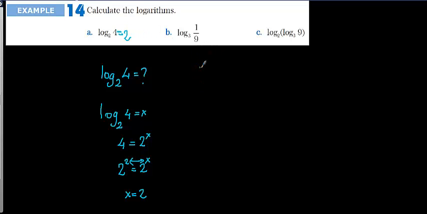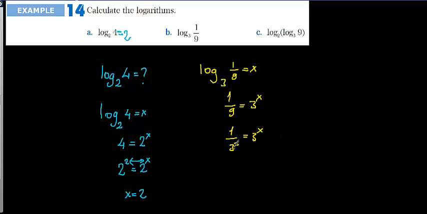Okay. The second one, logarithm base 3 of 1 over 9, is going to be equal to x. 1 over 9 is equal to 3 to the power of x. 1 over 9 is equal to 1 over 3 squared, but the bases are not the same here.